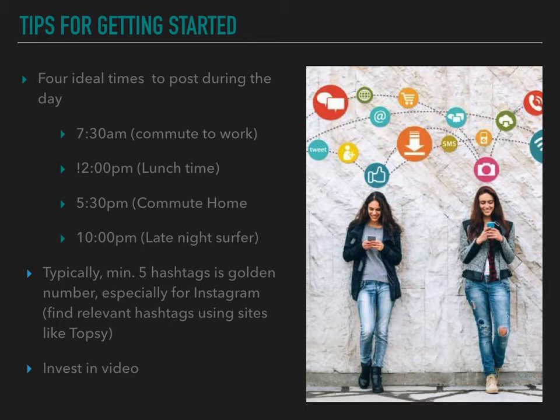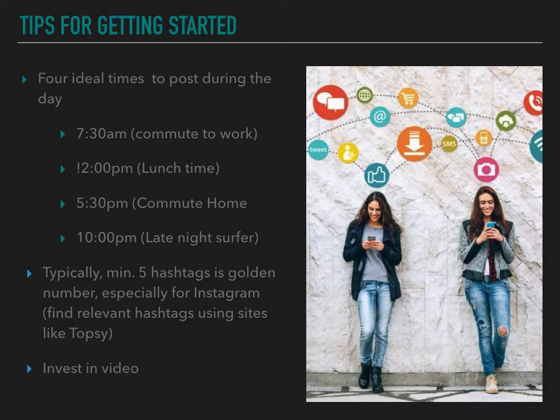So the next thing to remember is to use relevant and popular hashtags. You can research the best ones for your business. There are sites like BuzzSumo.com, or even scheduling sites like Buffer. They'll provide those.